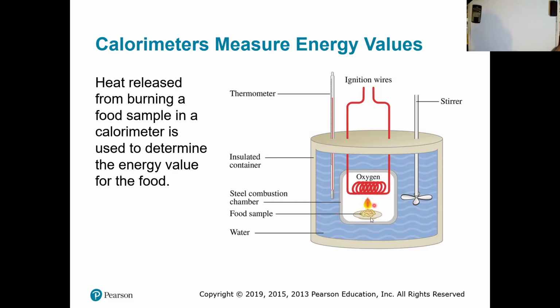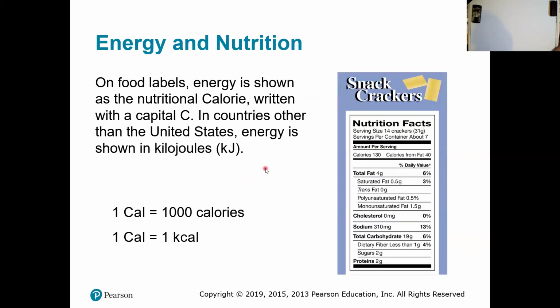And then in your chamber itself, this is where you'll have your sample and you'll combust it. This process is going to produce the heat that gets transferred out into the water. And that information gets calculated into calorie values that are put on nutrition labels.